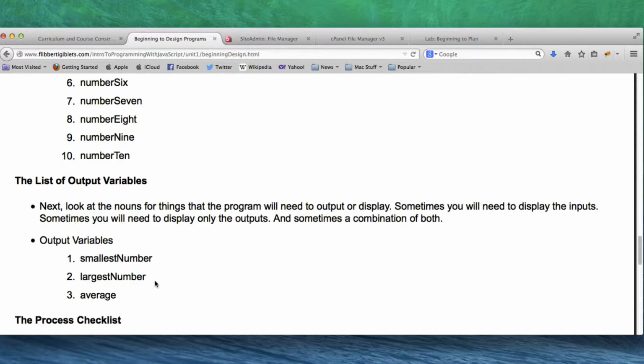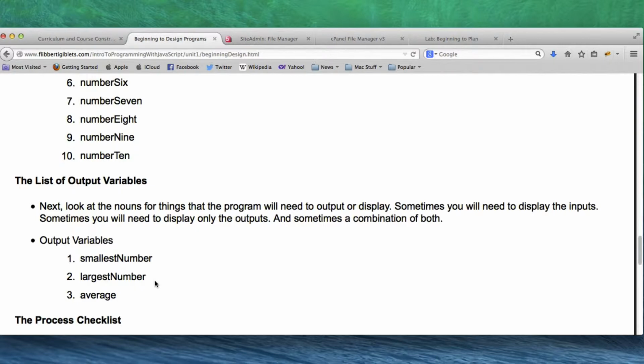So for the steps that we want to do, you might think, well, we take input, then we do some processing, and then we provide output. And you would think, well, maybe I should come up with the input variable list, then come up with the processing steps, and then do the output variables.